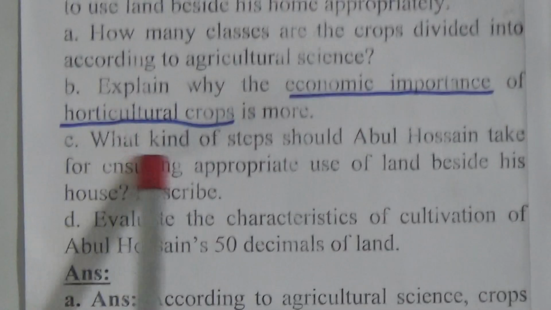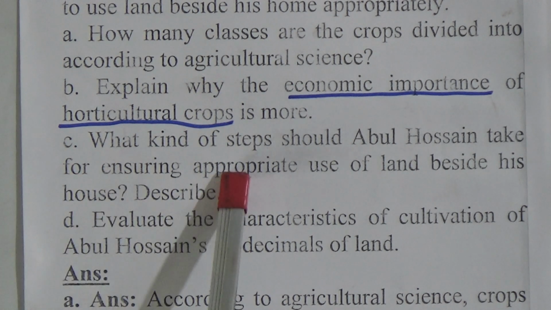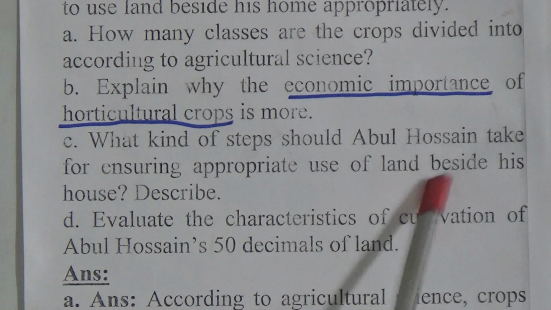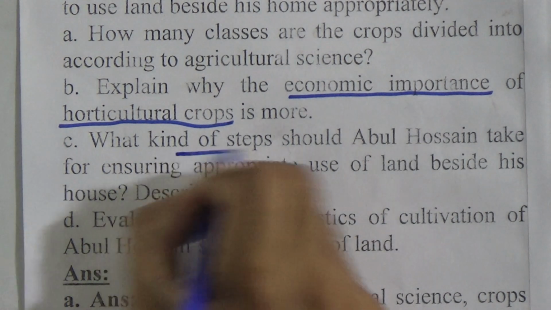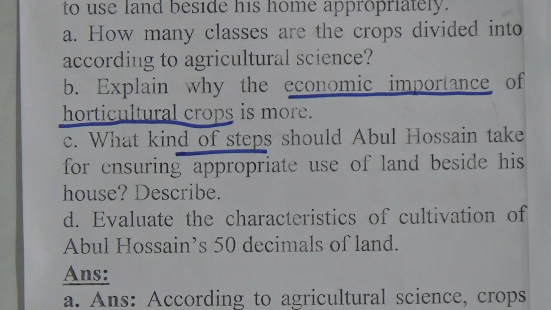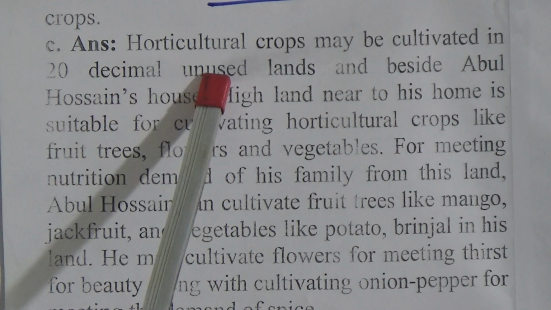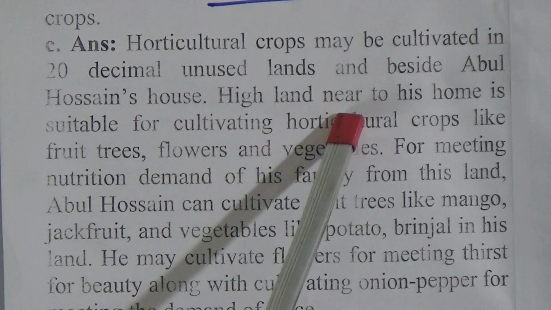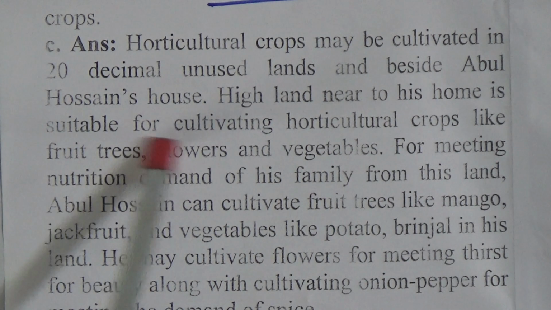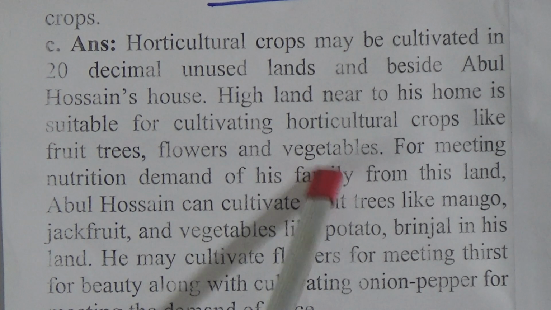Now see, what kind of steps should Abul Hussain take for ensuring appropriate use of land beside his home or house? Okay. Horticultural crops may be cultivated in 20 decimal unused land beside Abul Hussain's house. Highland near to his home is suitable for cultivating horticultural crops like fruit trees, flowers, vegetables.